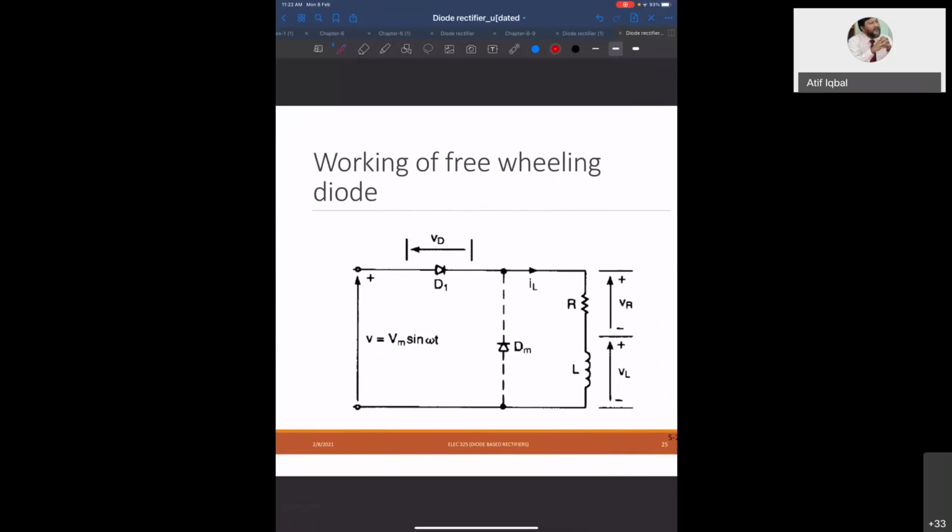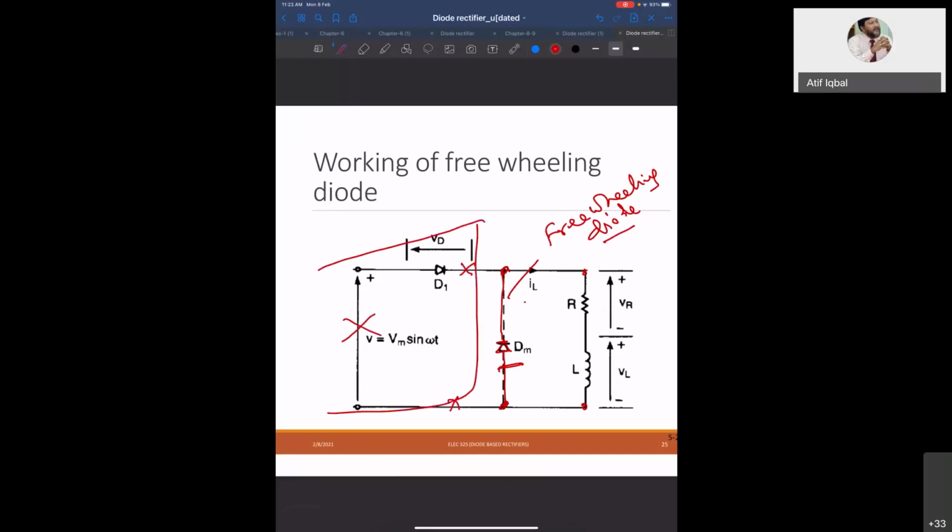You see, sometimes across the load, you need to connect a diode across the load. And this is called a freewheeling diode. Why is it called a freewheeling diode? Because it operates without any source. When there is no source on this side, this circuit is off.